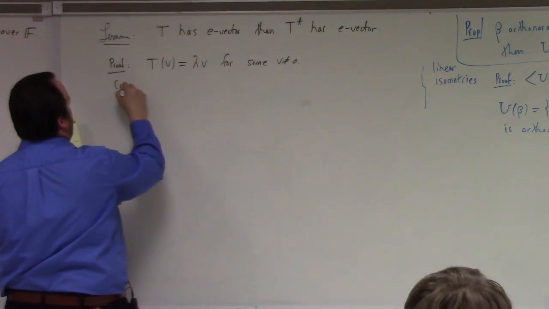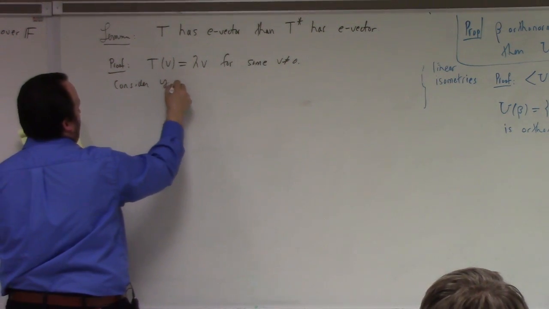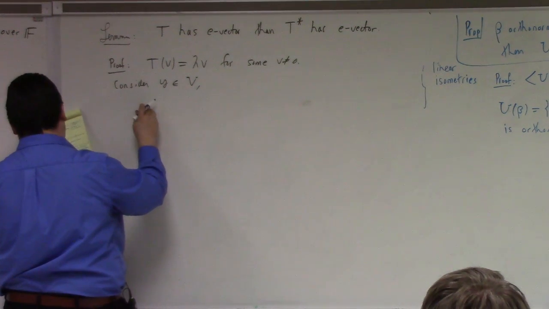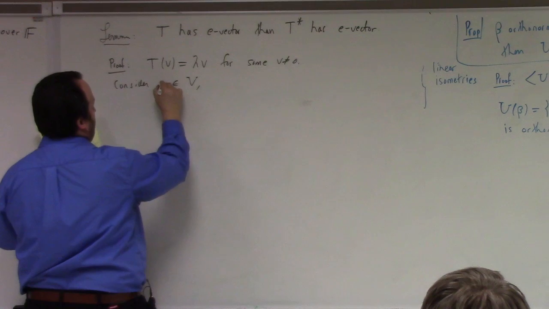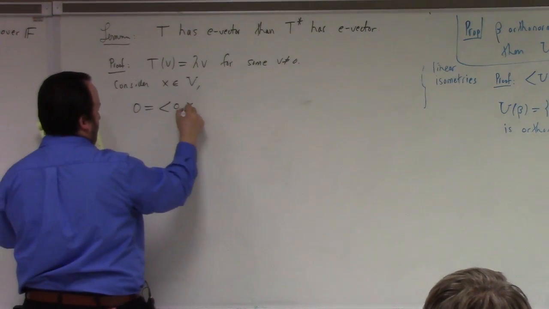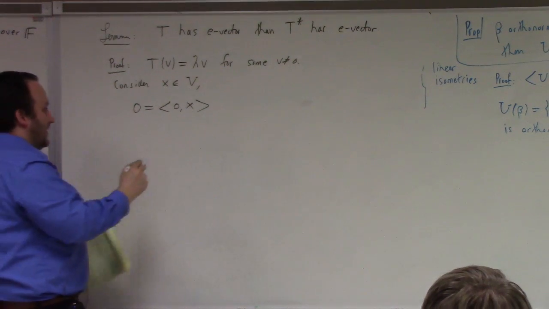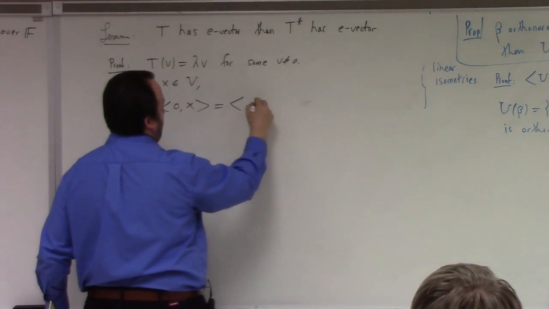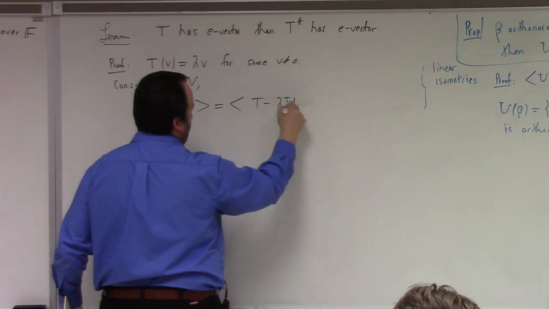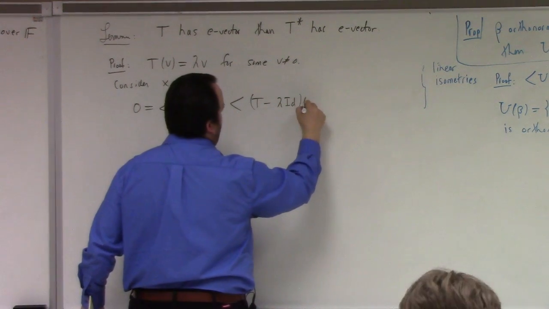then you can consider some vector x in V. And if you look at ⟨0, x⟩, 0 is, of course, 0 with x, right? But we can rewrite that 0 also as (T − λI) acting on v.